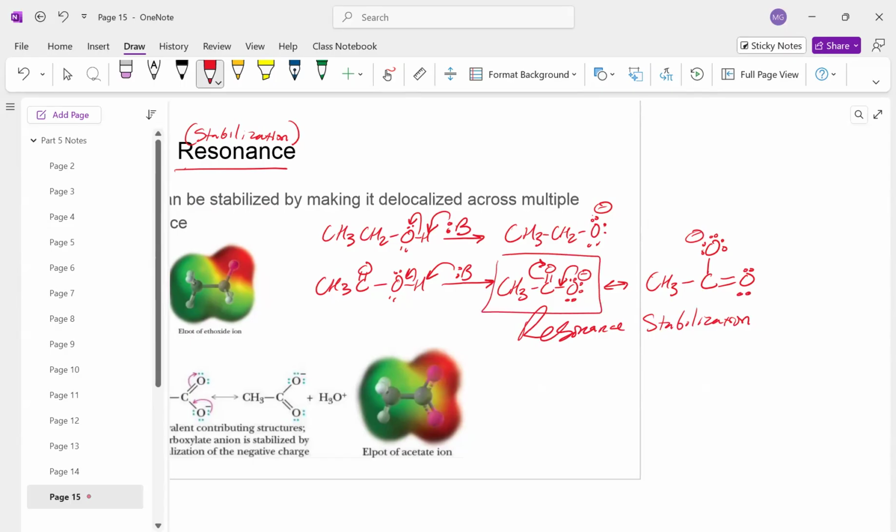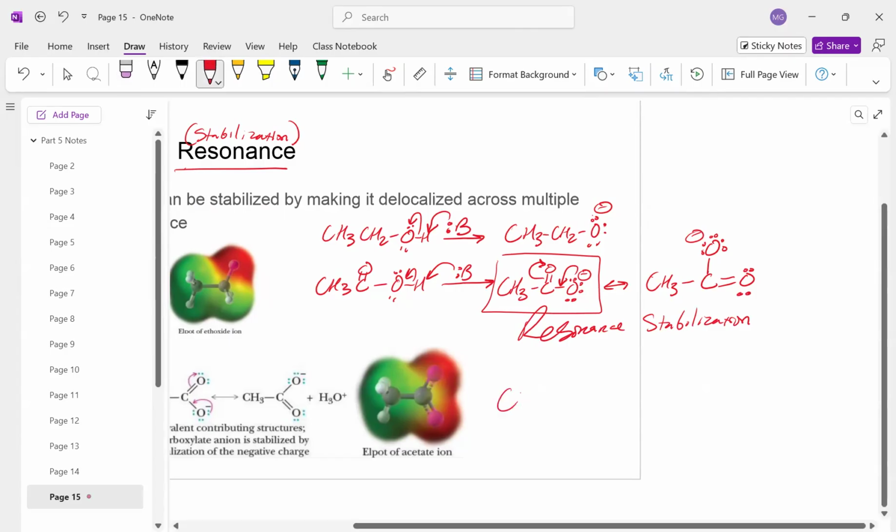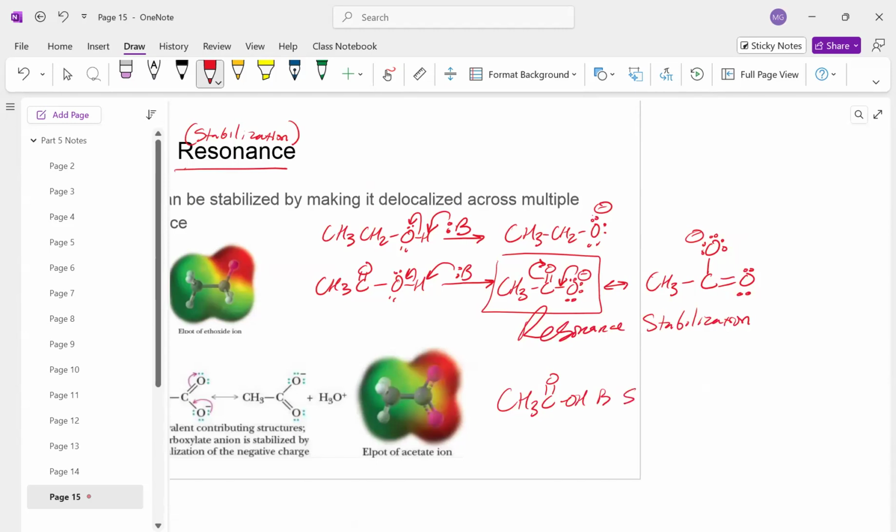We'd say this one. The more stable ion comes from the stronger acid. So this acid or this compound is a stronger acid than the alcohol.